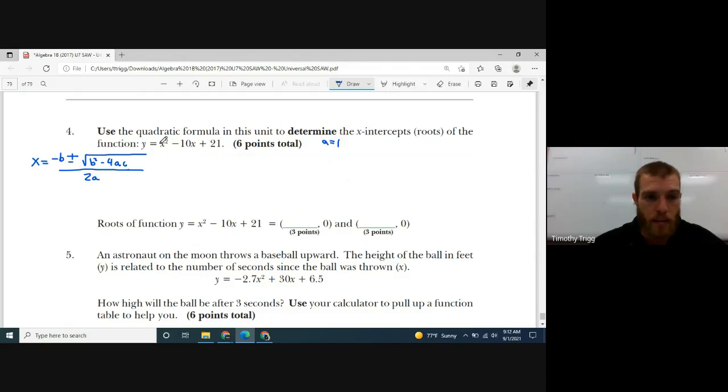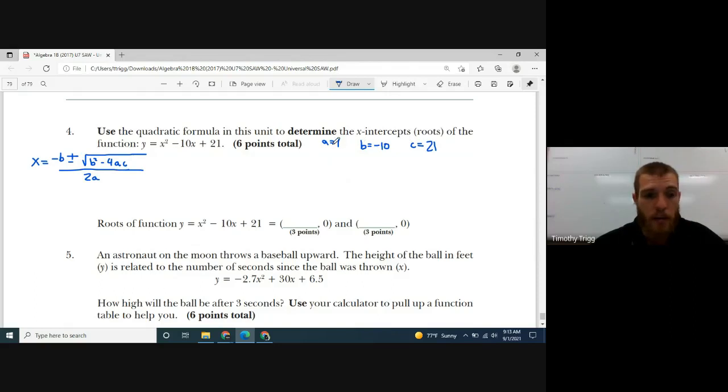That's our a. Our b is the coefficient of the x term, which is negative 10. And the c is the constant, whatever number at the end doesn't have an x attached to it. That's 21.